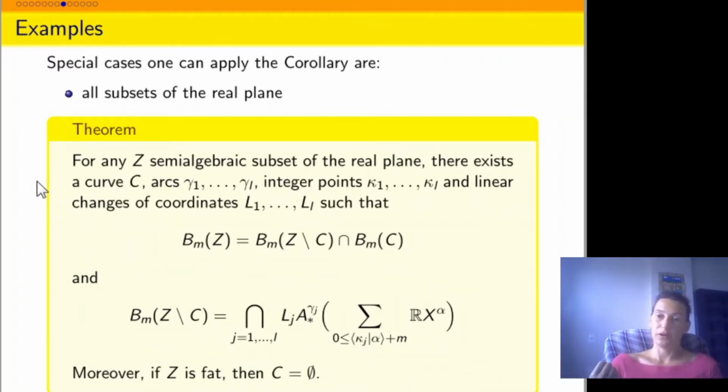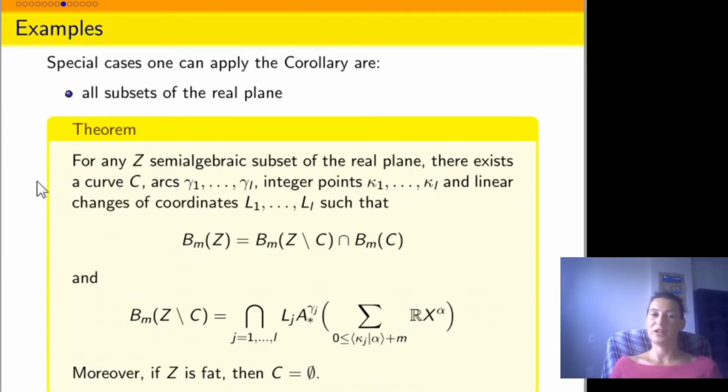So the only thing we need to worry about is the complement of the curve in Z. And this can be given, as the second part of the theorem shows, as an intersection of these well-defined combinatorial objects. We apply the linear change of coordinates, and we apply a translation by a semialgebraic arc gamma.